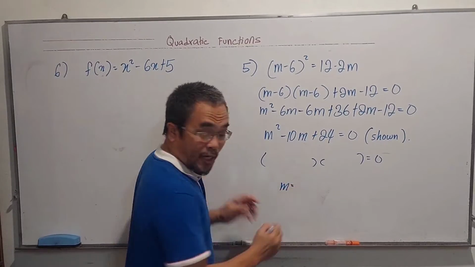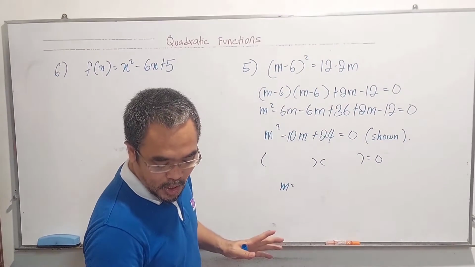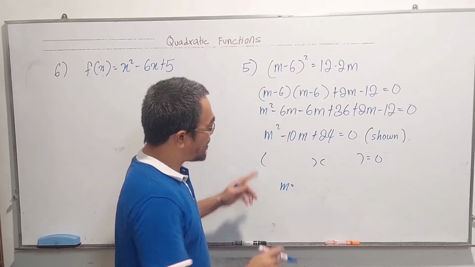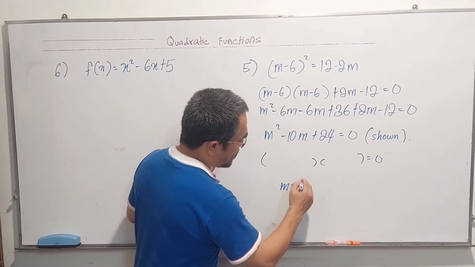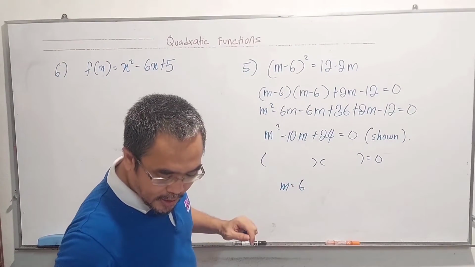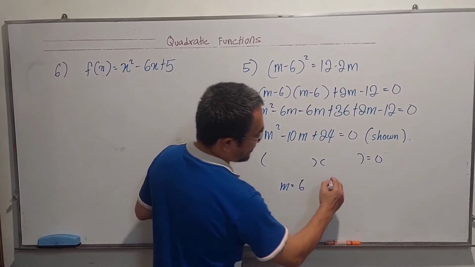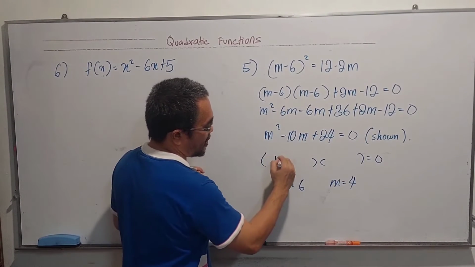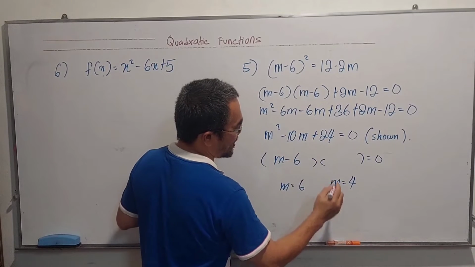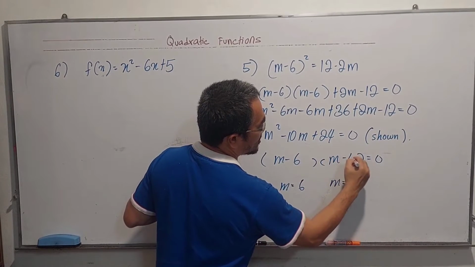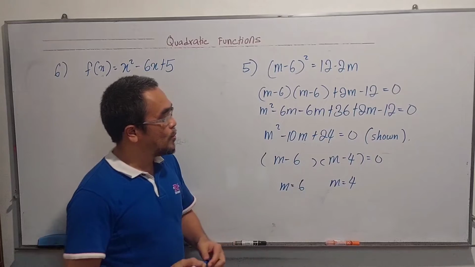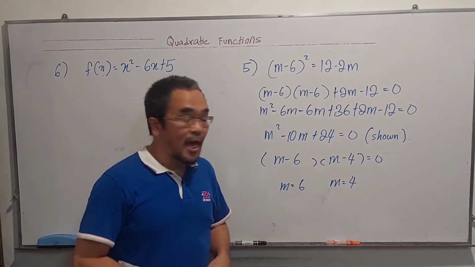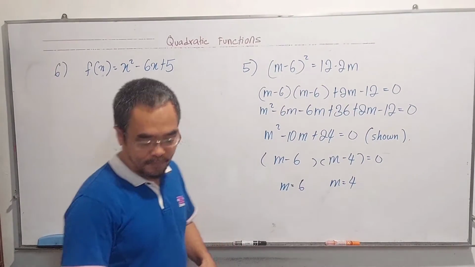Even though the calculator gives you values as x, in this algebra it is m. So 6. Is there any second value? Yes. M is also equal to 4. The factorization will be (m minus 6) and (m minus 4). So m equals 6, m equals 4.